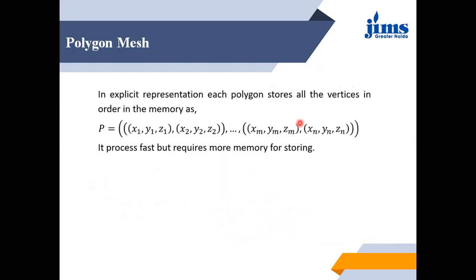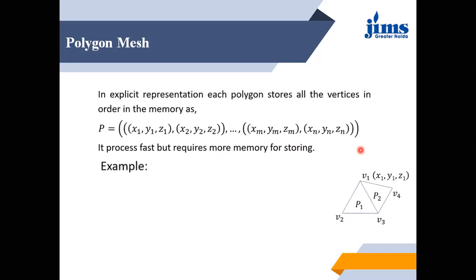So this is the concept, and it can be represented by polygon vertices in the order of memory, by the collections of different coordinates, each and every coordinate in the form x1, y1, z1, as this is the coordinate of one point of the polygon mesh. This is another point, this is the next point, and this is the last point. It processes fast but requires more memory for storing the object.